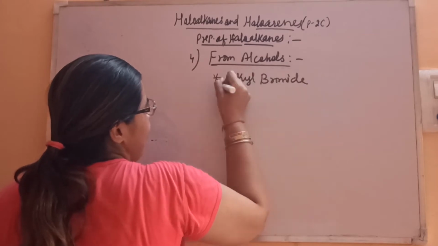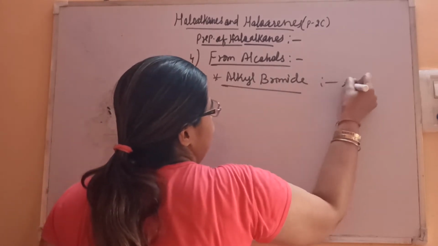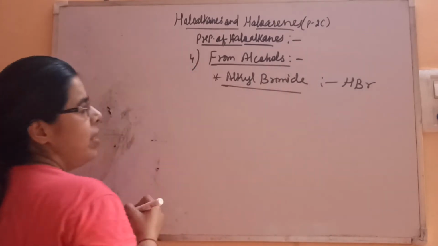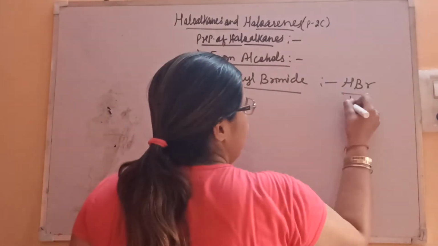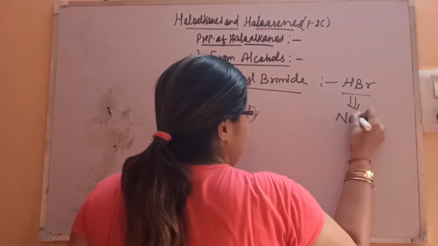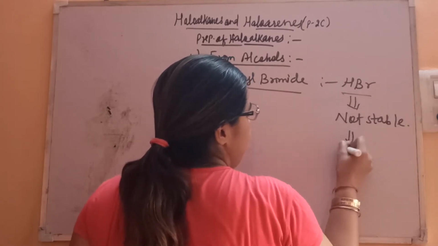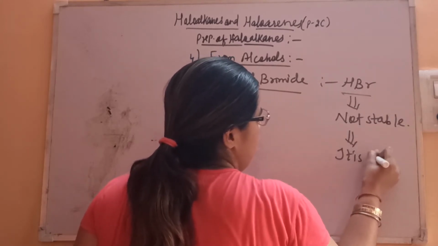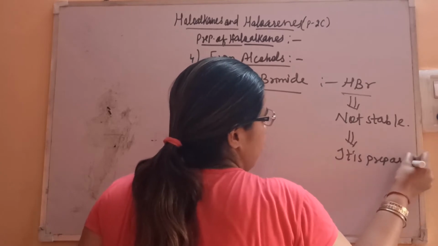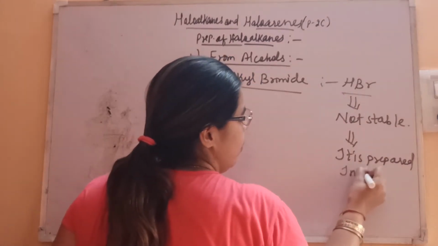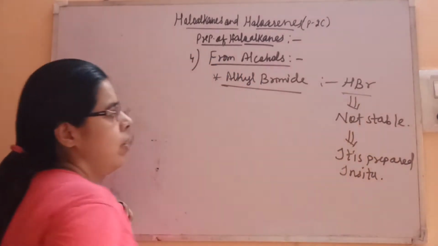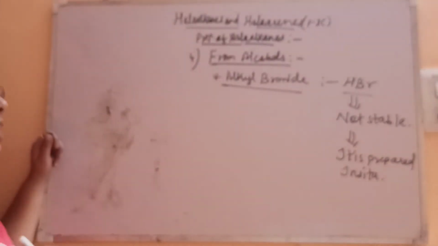Now for alkyl bromides, HBr is required. So where will it come from? HBr is not stable, so it is prepared in situ.